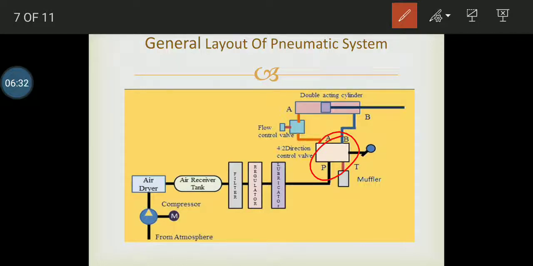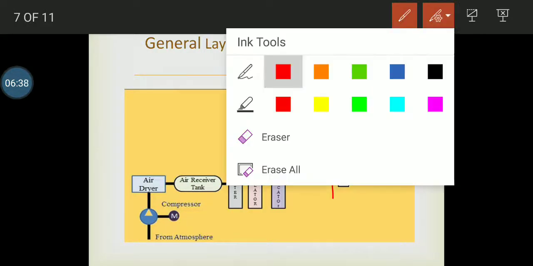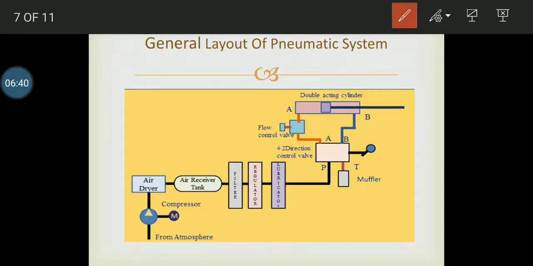The actuator over here is the double acting cylinder, which moves when connected to the supply air. Suppose I am having a supply from P to A. So the supply air, or the pressurized air, fills this cylinder, and as the filling of the cylinder starts, the piston starts moving in the rightward direction.